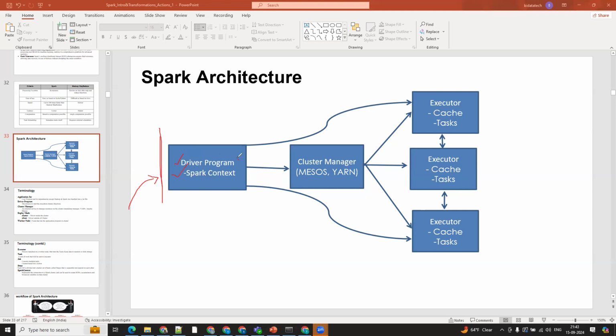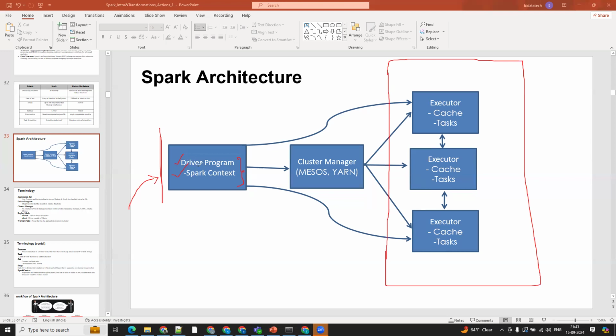What does this Spark context exactly mean? Guys, remember one thing. I told you already in yesterday's class also, when you have a cluster, the user does not have direct access to the cluster. You cannot directly interact with the cluster. You can interact only with the master system.